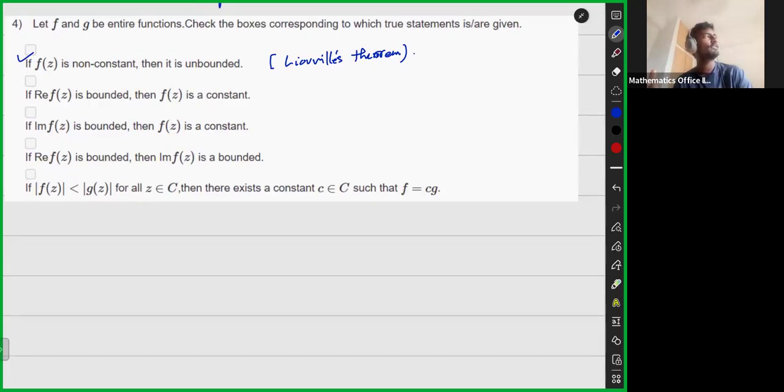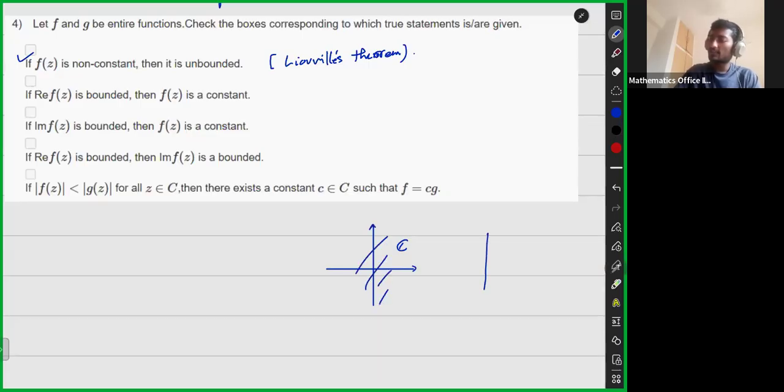So the proof for this: the real part of f is bounded. What does this mean? This means if you take the image of f, the real part does not go beyond a bound. Let me draw the picture here. This is the complex plane. This is our domain.